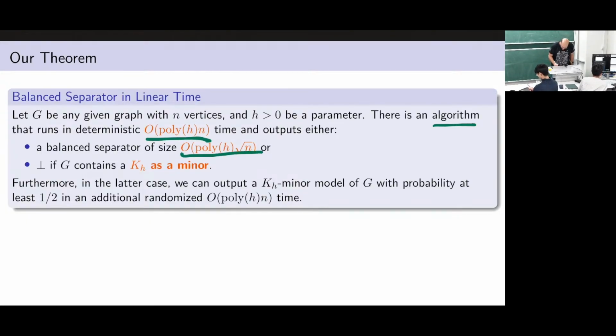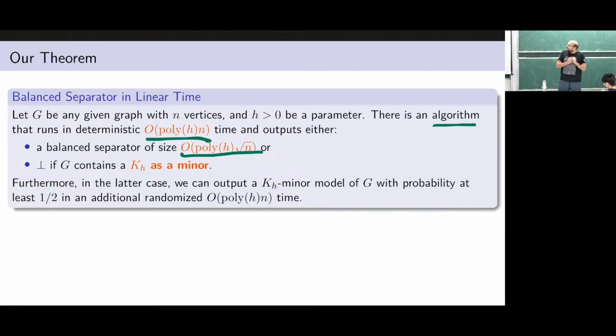We either find a balanced separator of size poly(h) times square root of n, that's what I promised, or we say false. By false, we mean that G contains K_h as a minor, and we output the minor in that time. There are a couple of options; you will see the algorithm later on.